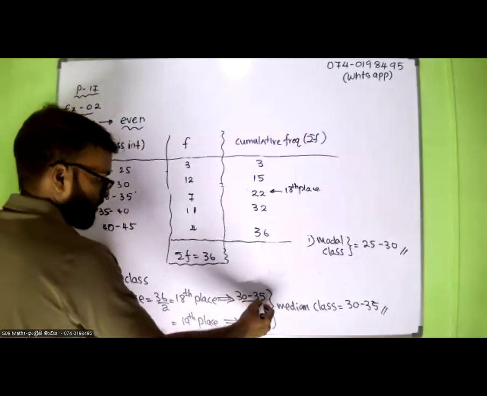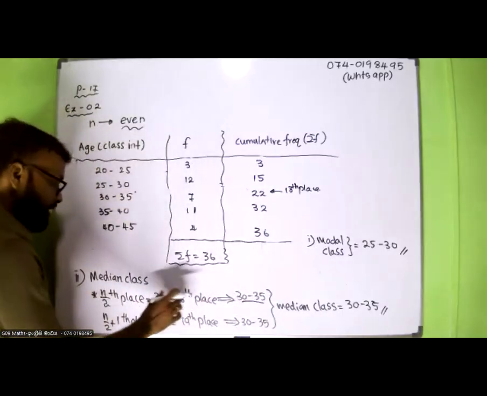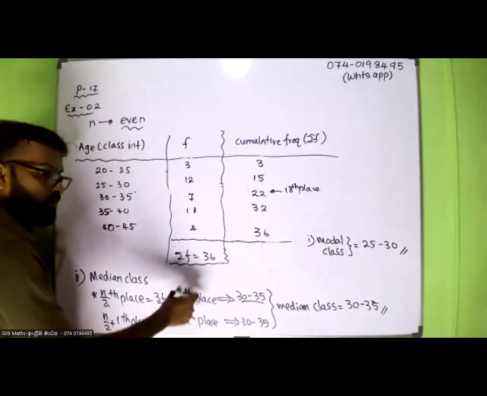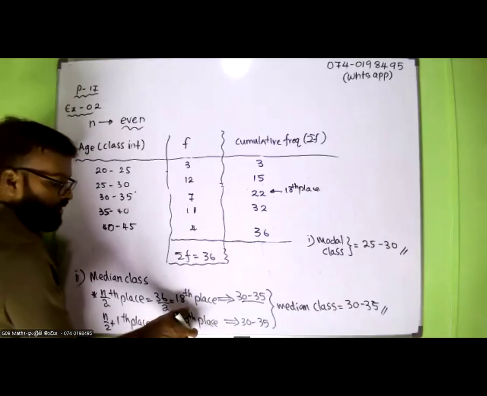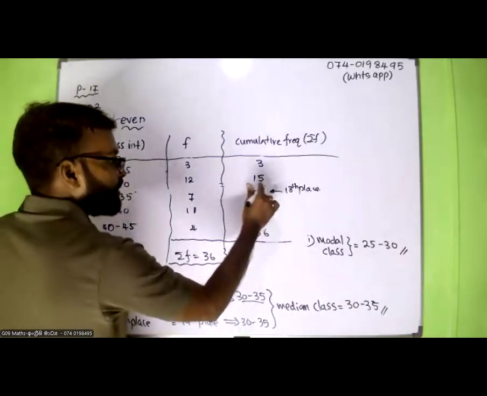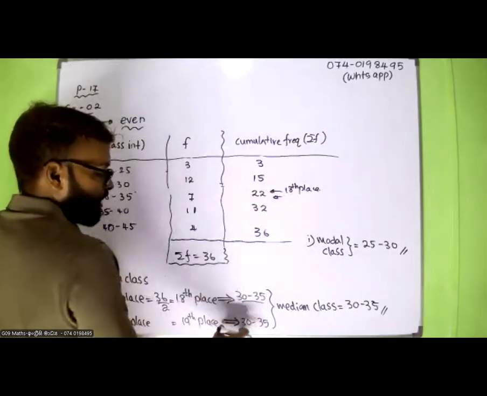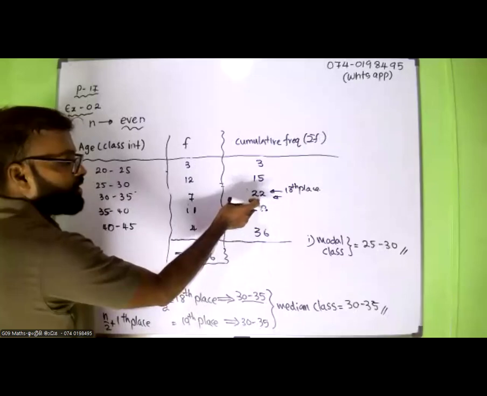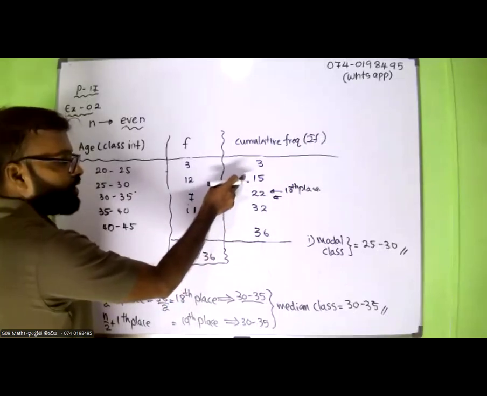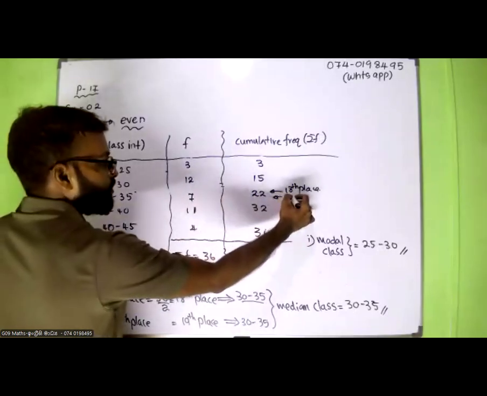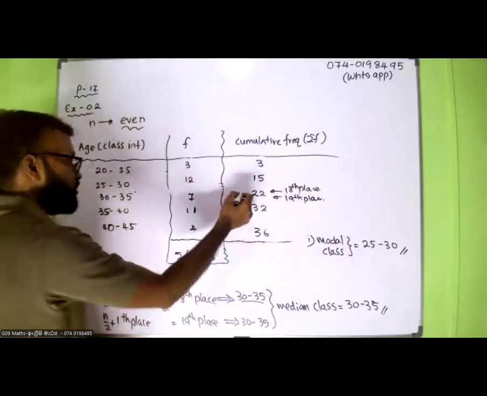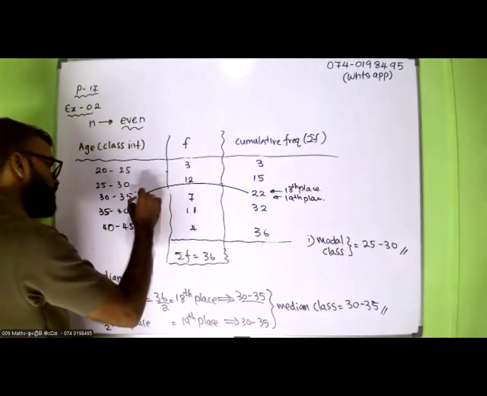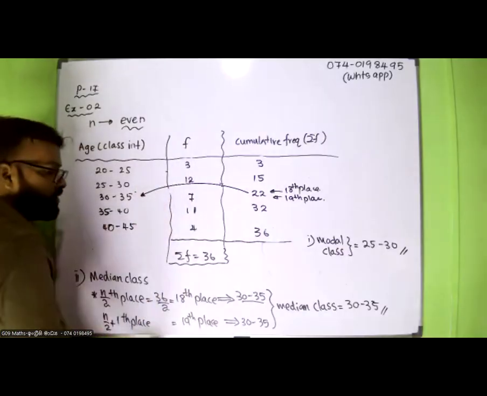Then the next consecutive place, the 19th place, is also included in this one. So the corresponding median class is 30 to 35.